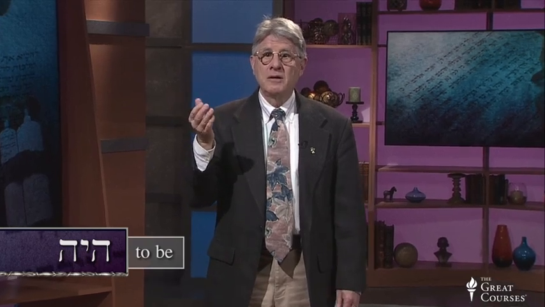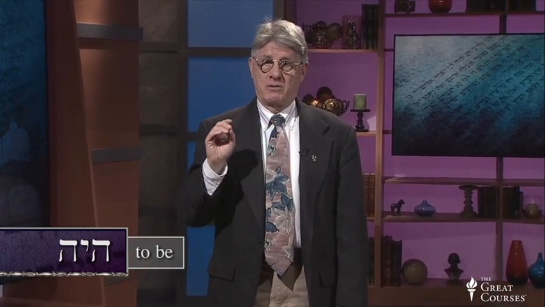Some textbooks call these verbs ayin vav and ayin yud verbs, or tu vav and tu yud verbs, but that's very misleading. There are roots that have a yud or a vav as their middle consonant, like haya, to be, but that's not what we're talking about here. If the vav or the yud is a consonant, that's not a category. It acts like a consonant, then fine, there's nothing to talk about.